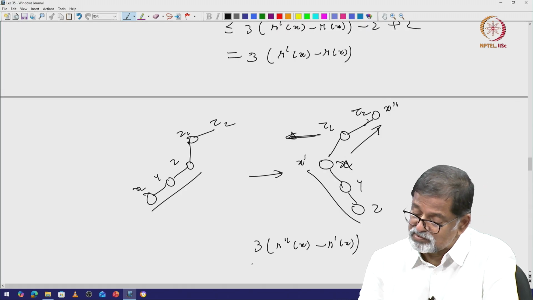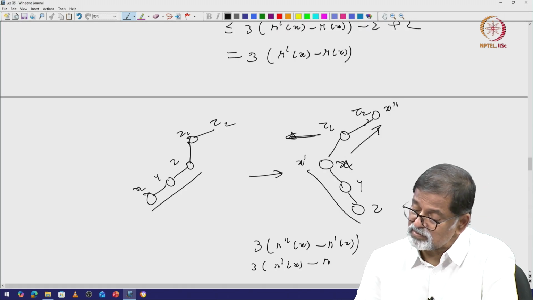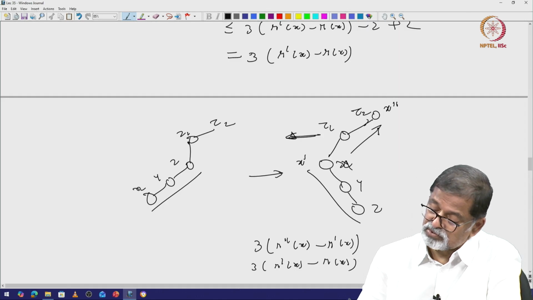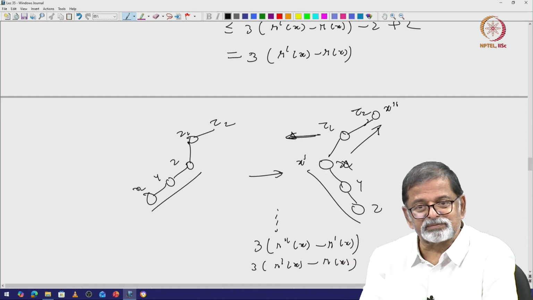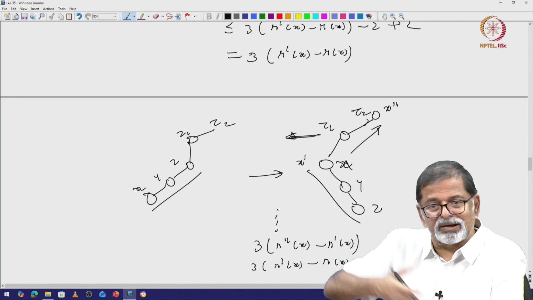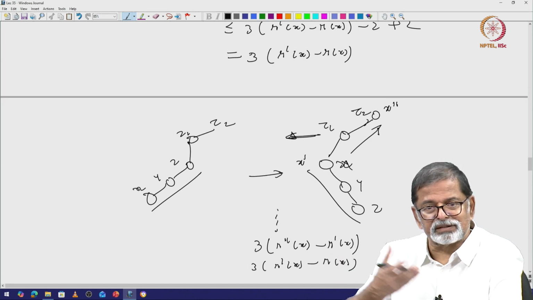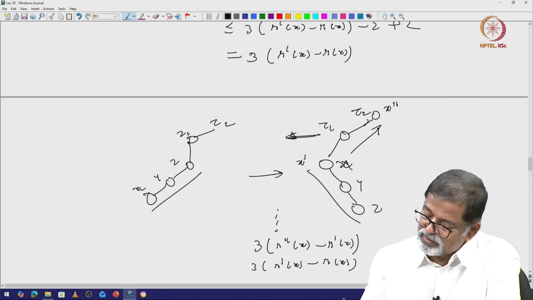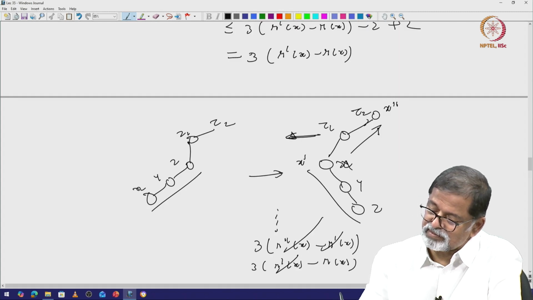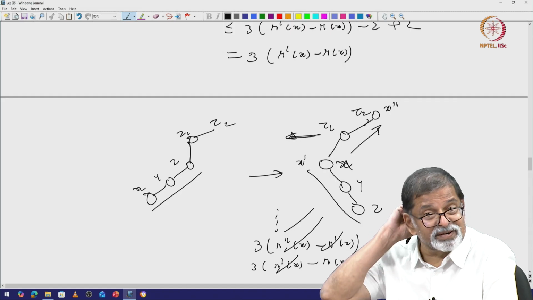For the first stage it will be 3 r dash of x minus r of x. So in this way you can go all the way up to the root. You add all of them because that is the total cost. So when you add, you can see that this gets cancelled. That is the beauty of it.